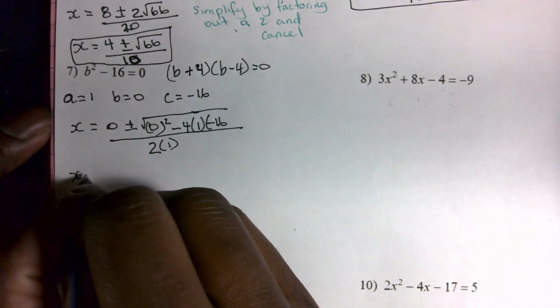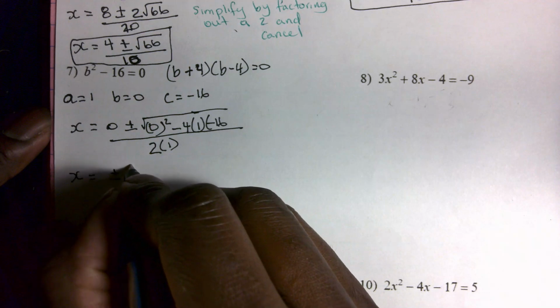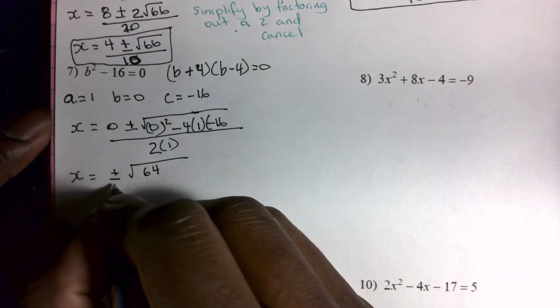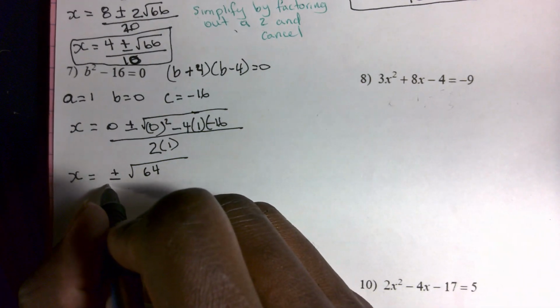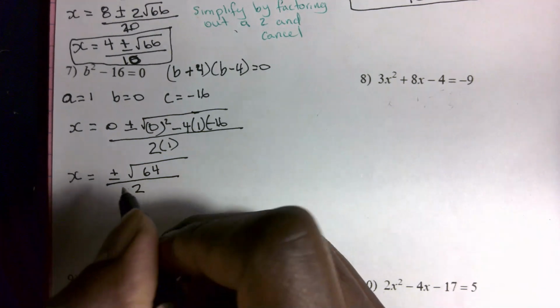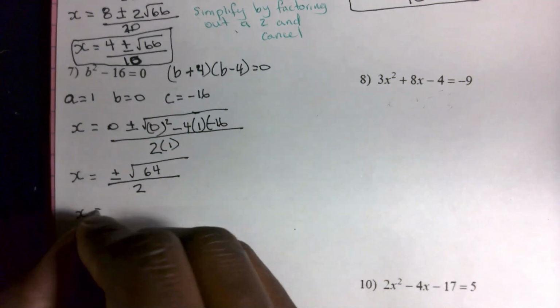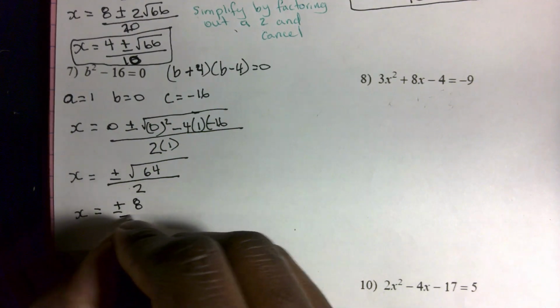So x is equal to plus or minus the square root of 4 times 16, which is 64, over 2. The square root of 64 is 8, so we have x equals plus or minus 8 divided by 2.